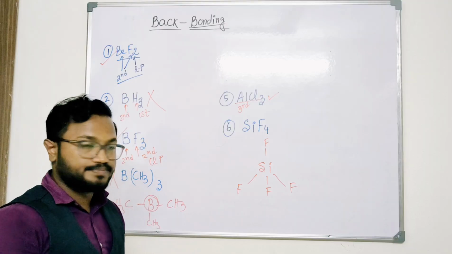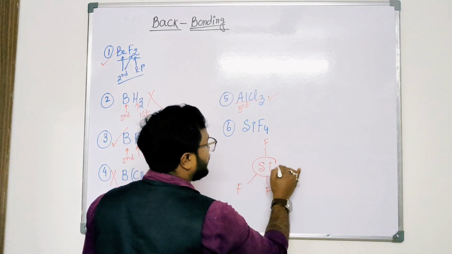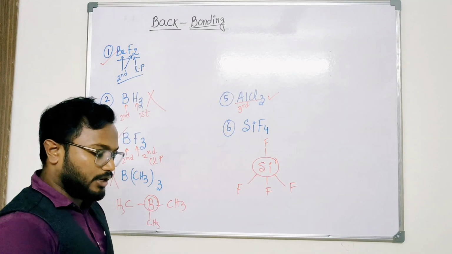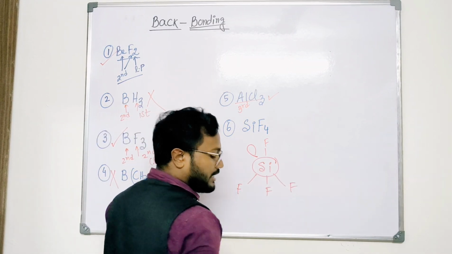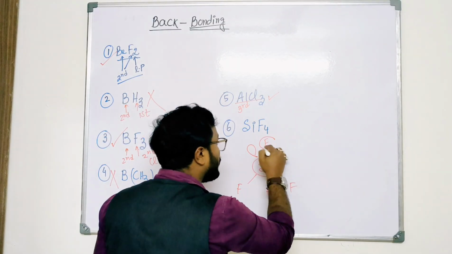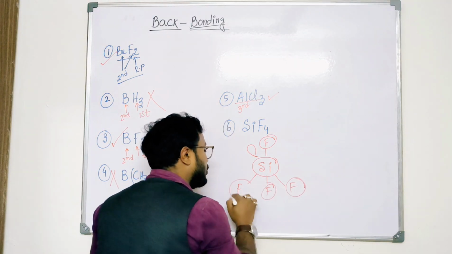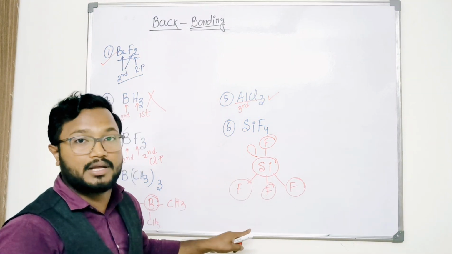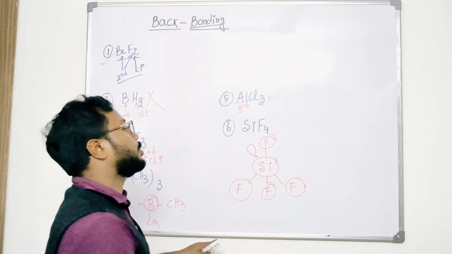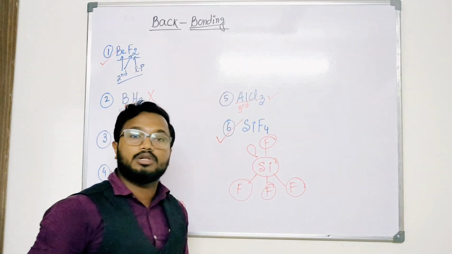Silicon, atomic number 14, does not have any lone pair. It has a vacant orbital, but fluorine has lone pairs. Though its octet is filled up, it has a lone pair, so there is a chance of back bonding. Yes, SiF4 will show back bonding.